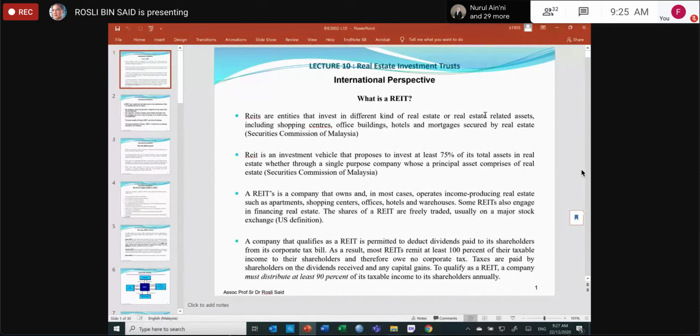For example, if we want to purchase a shop, a retail lot in the commercial sector, and we can't afford it, then we can actually buy a share of that particular lot. Basically, we can purchase that property through the shares issued by that particular company.